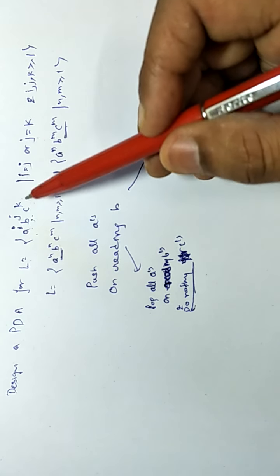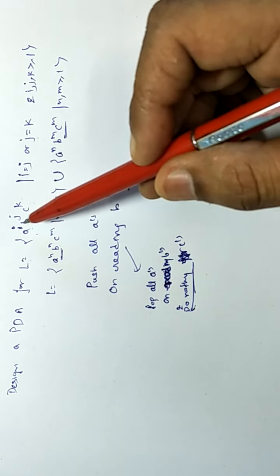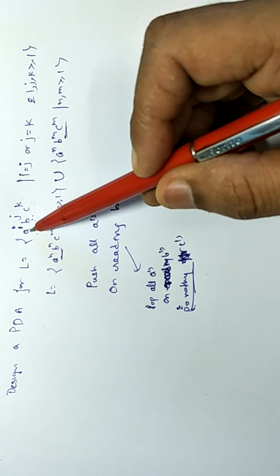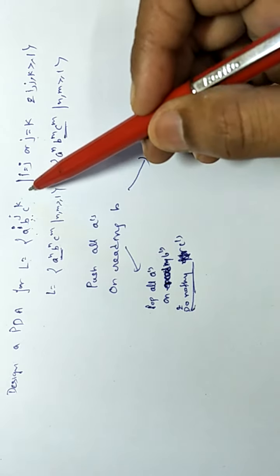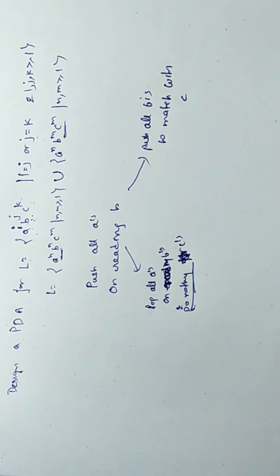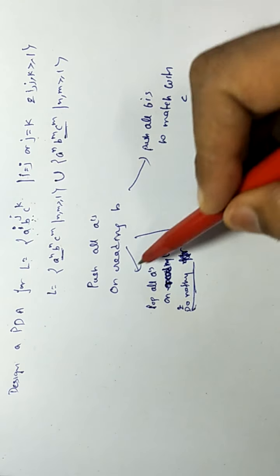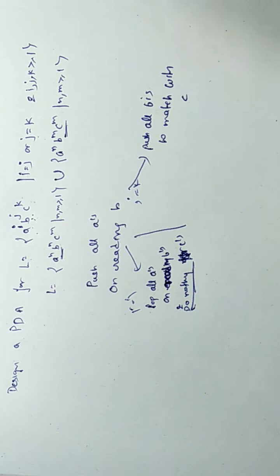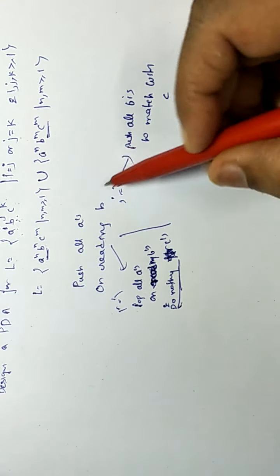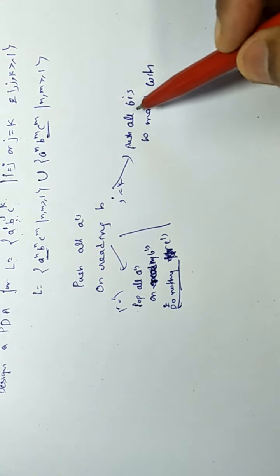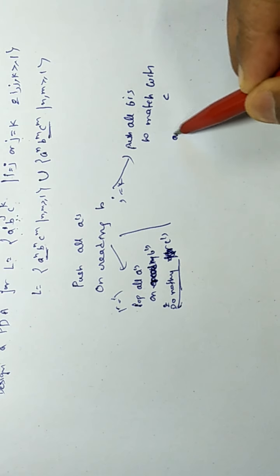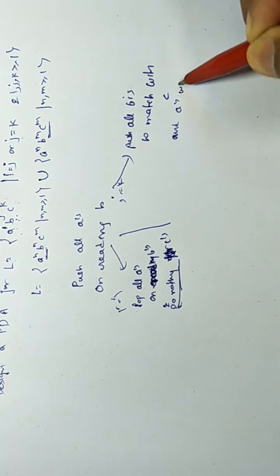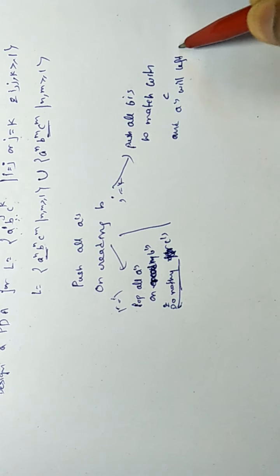When I push b, I have to match with c, or on reading b I have to pop a so that I can match a and b, and I have to do nothing for c. So I have two choices, either i equal to j or j equal to k. On j equal to k, when I push b and match with c, the a's will be left on the stack.